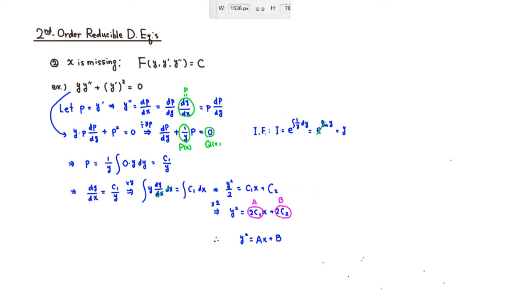So that's the solution, written in sort of implicit form, and it is a solution of the given second order reducible differential equation. That's it. I hope that this was clear.